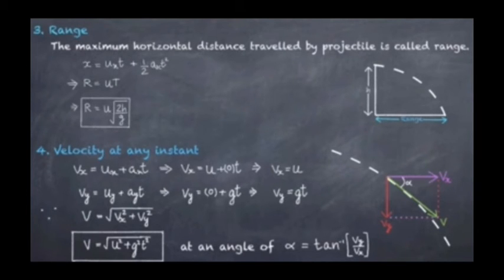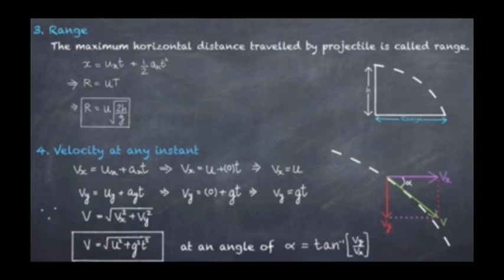Then velocity at any instant, the resultant velocity at any time. The velocity of the projectile at a point P after the time t has two components, v of x and v of y. The velocity component along the x direction is v of x is equal to u of x plus a of x t.